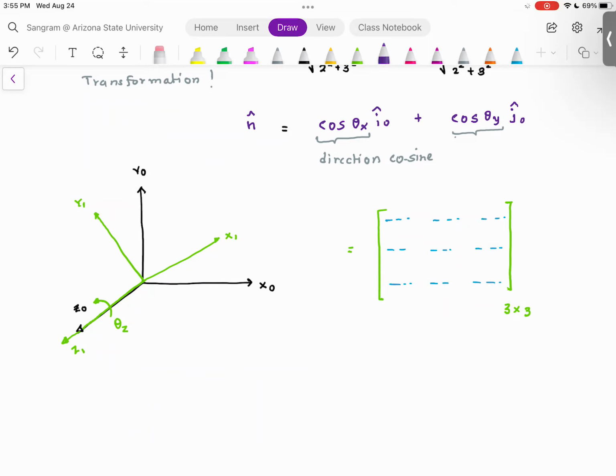So what I'm going to do is say here, projection of, and this is basically the new axis, which means this is going to be x1, y1, and z1, because that is the rotated frame. My initial was my old coordinate frame, so I'll write what I mean by old. My old is x0, y0, z0.